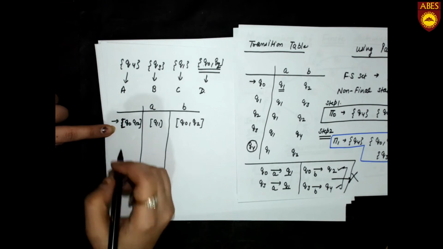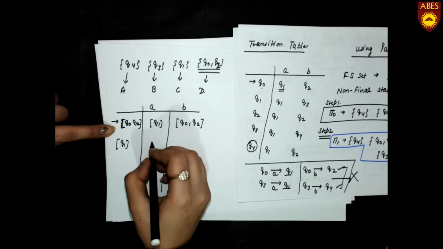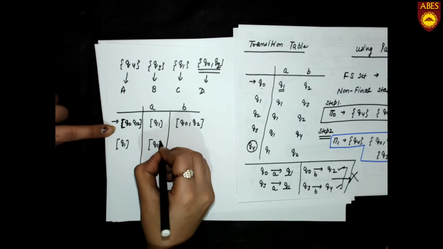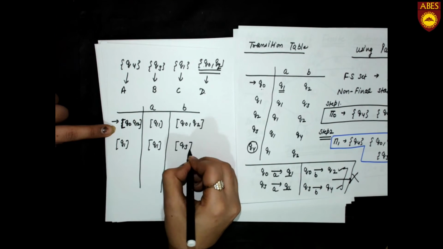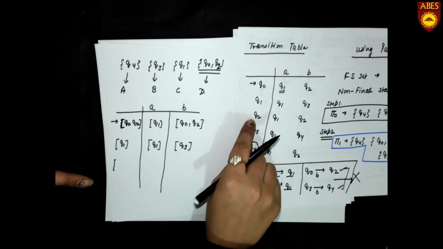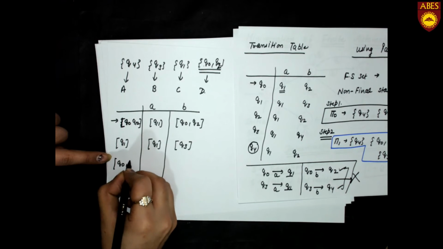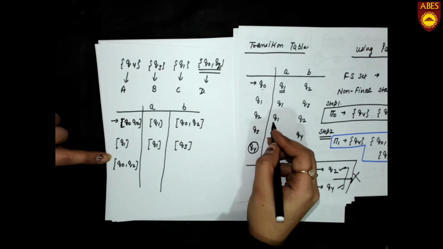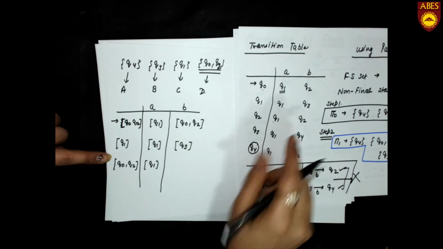Next is our Q1. In place of Q1, Q1. Next is Q3. Next state is Q2. In place of Q2, you have to write Q0 and Q2. Output is Q1. Q1 as it is. Then again Q2.